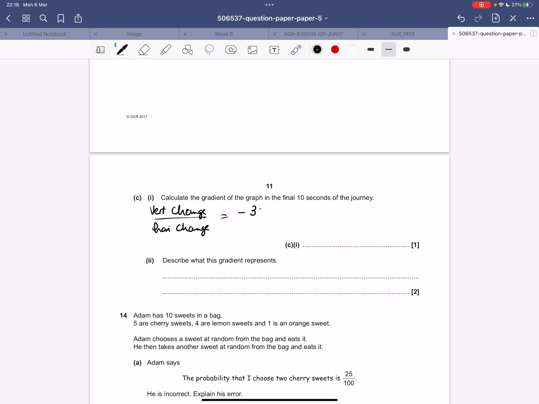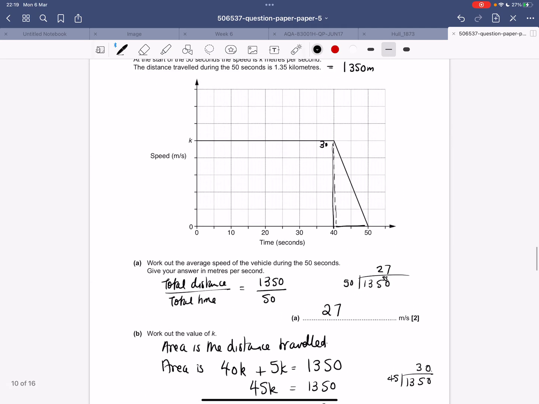So it's minus 30 divided by 10, so it's minus 3. What this gradient represents, this gradient on a speed-time graph, is the acceleration, because it's meters per second divided by seconds.